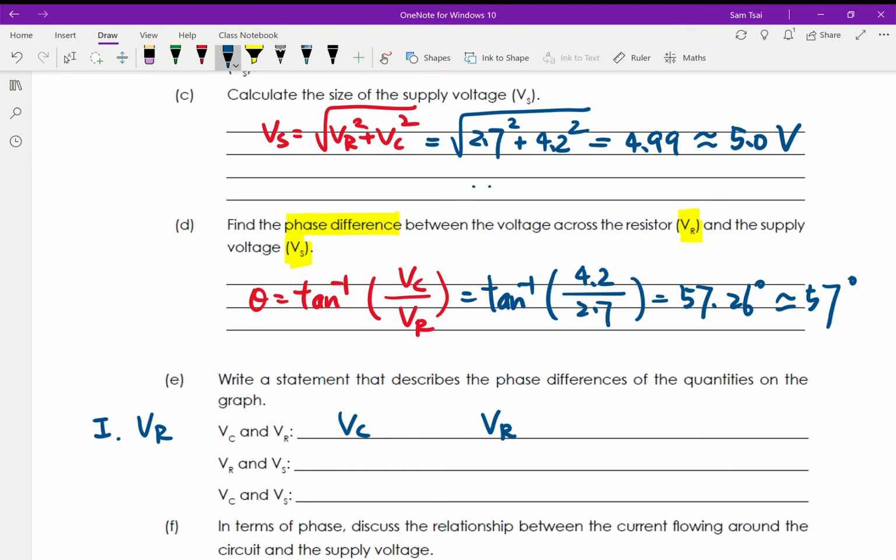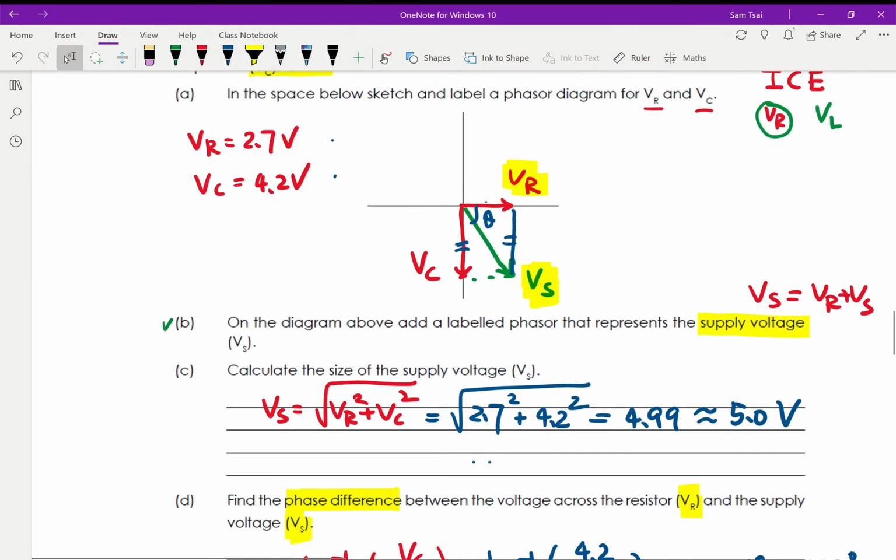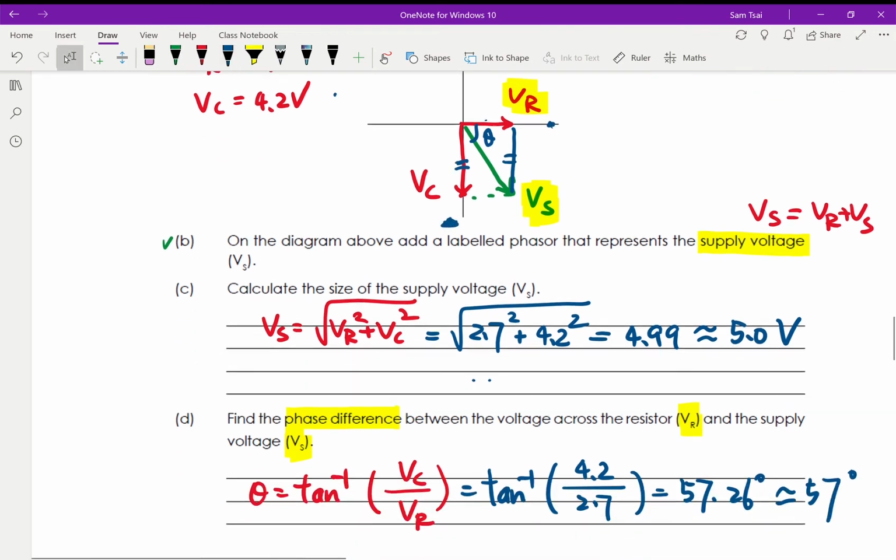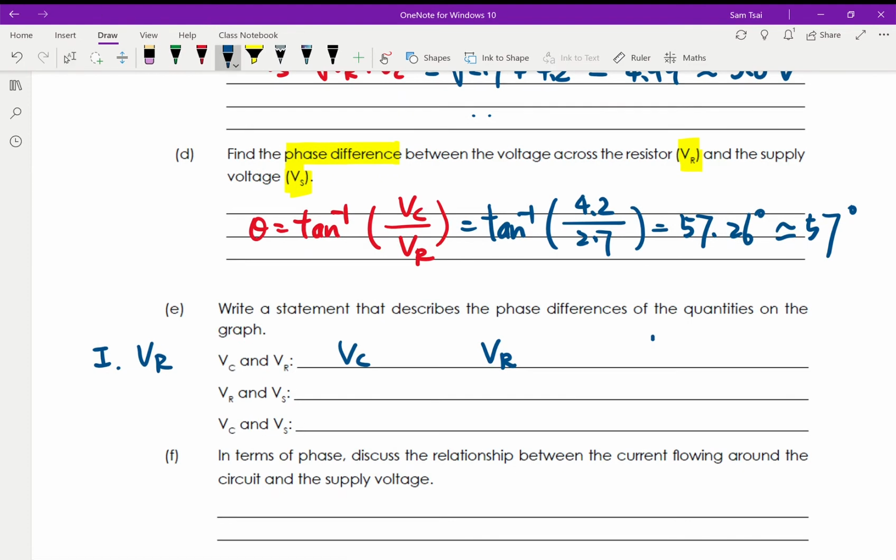We check VC is here and VR is there. And what does that mean? VC lags VR by 90 degrees, am I right?